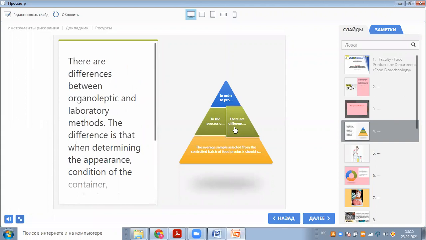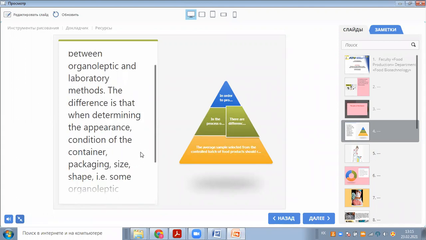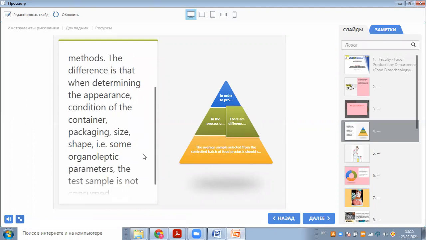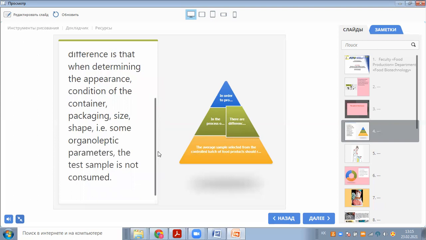And there is a difference between organoleptic, or other name is sensory, and the laboratory methods. And the difference is that when determining the appearance, conditions of the container, and the packaging size, for example, and the shape of this product, and some organoleptic parameters, test samples are not consumed.